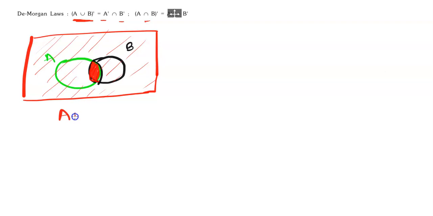This is A intersection B, and its complement is anything outside this.